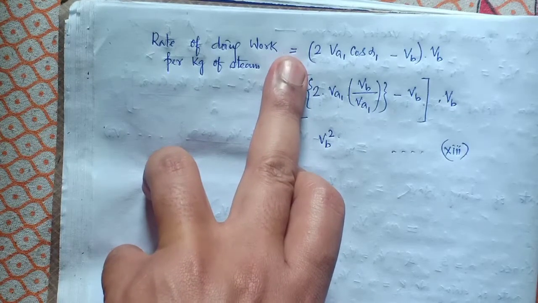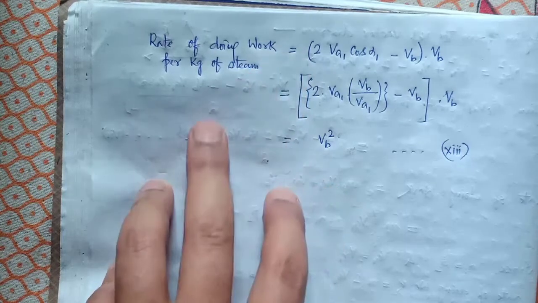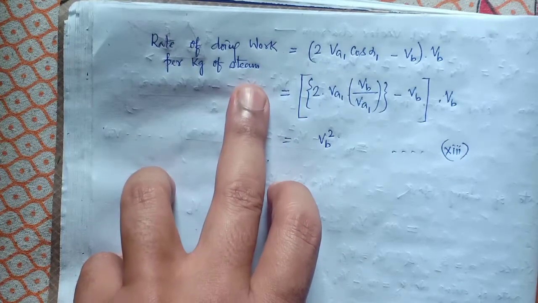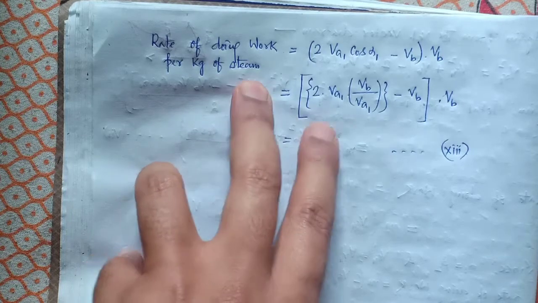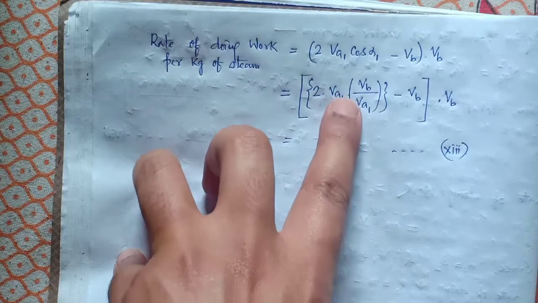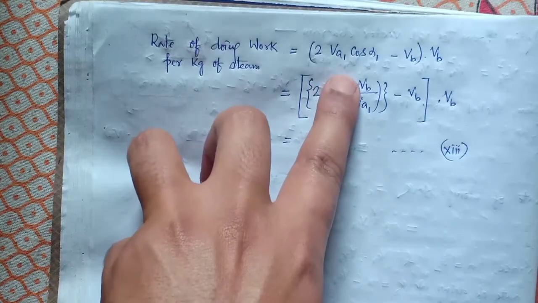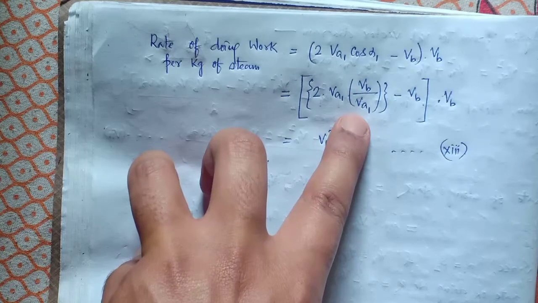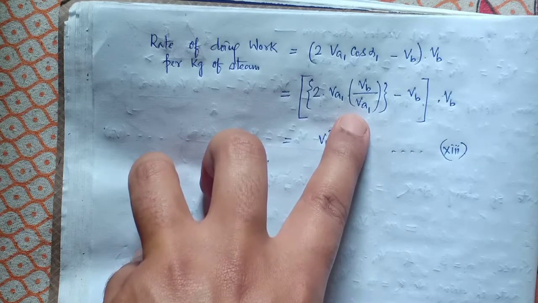We have put the value of M as 1, meaning per kg of steam. Now we know that VB by VA1 is rho, and rho is equal to cos alpha 1.